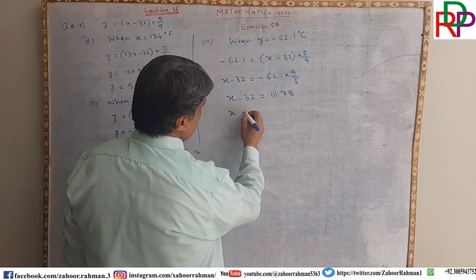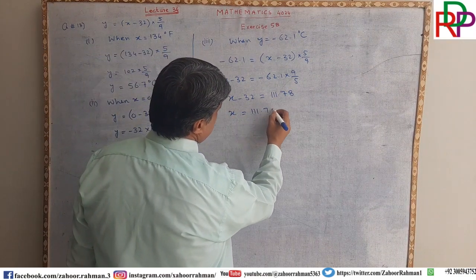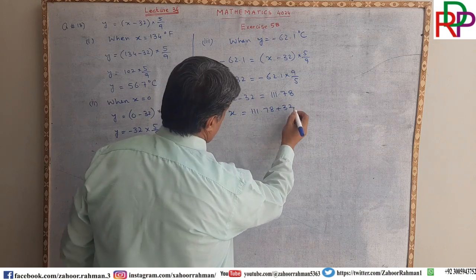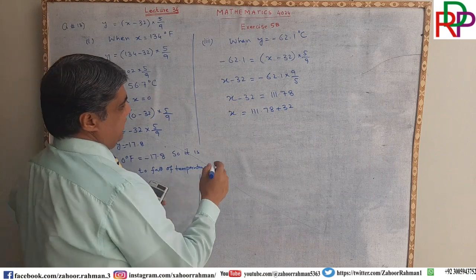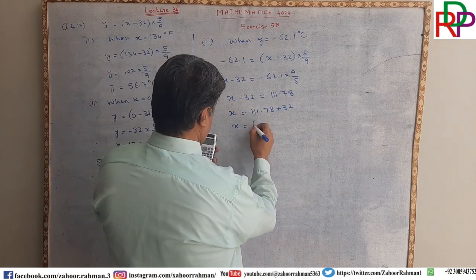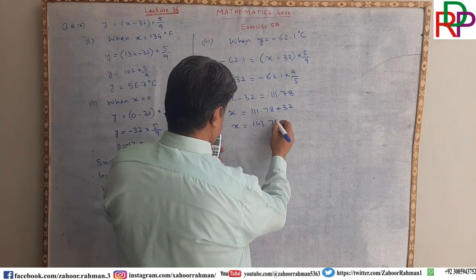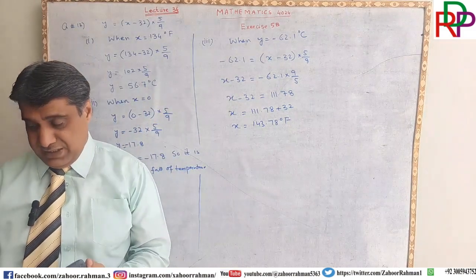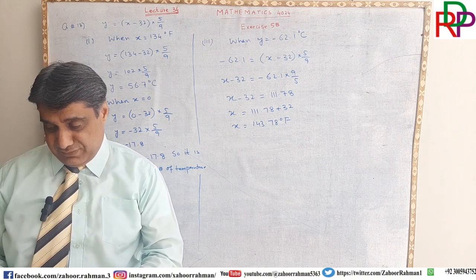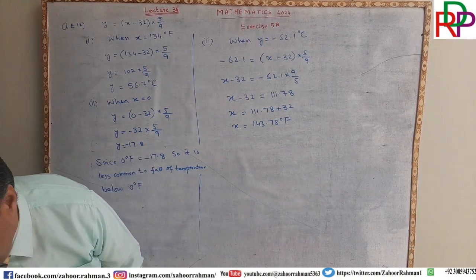Now x is equal to 111.78 plus 32. We have to add 32 with it, so it will be equal to 143.78 degrees Fahrenheit.